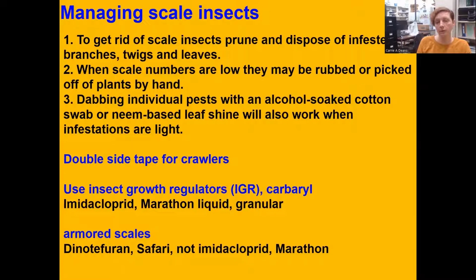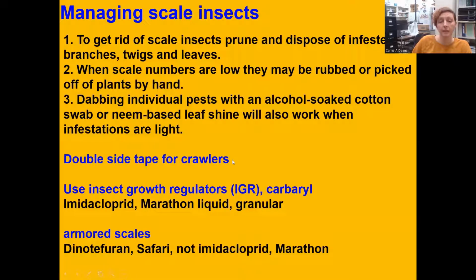Of course, if you have armored scales and you remove their waxy coating, then you can treat them with other chemicals a lot more effectively because they're not protected anymore. So you can dab individuals with alcohol or some sort of neem-based product. But again, this is really only going to be an option if you have a very low infestation, so if you catch the infestation early.